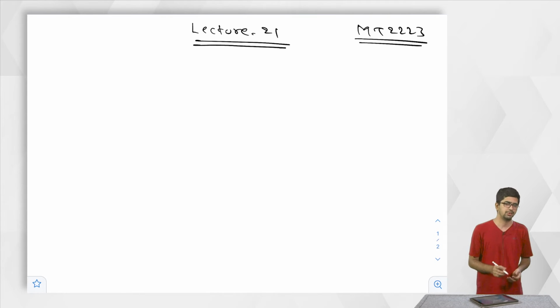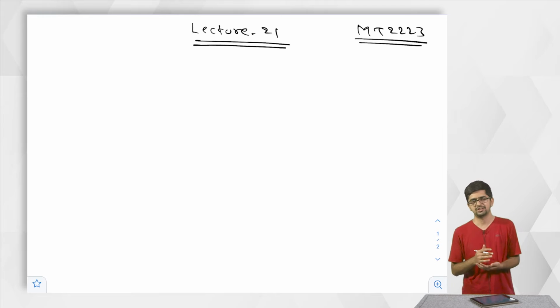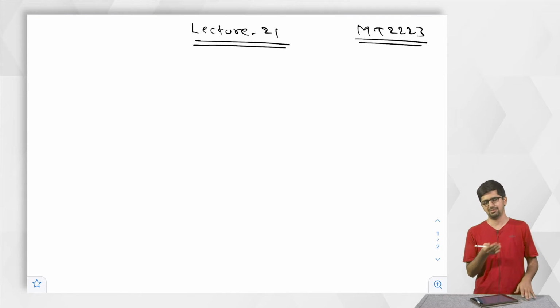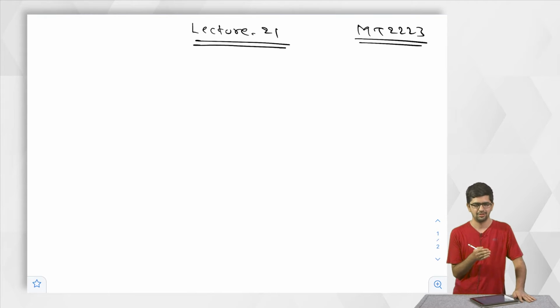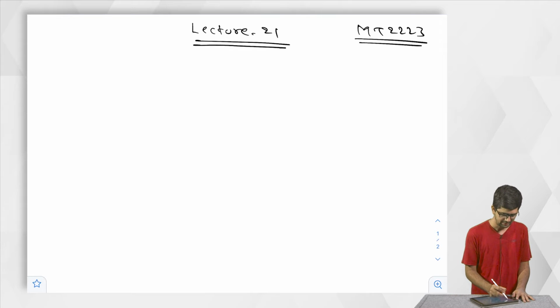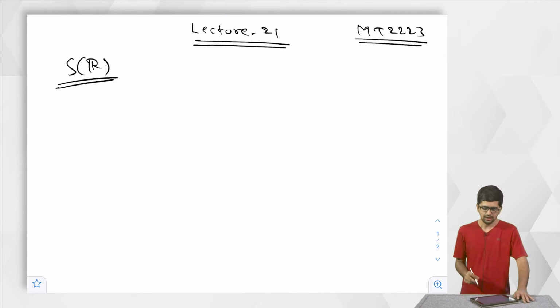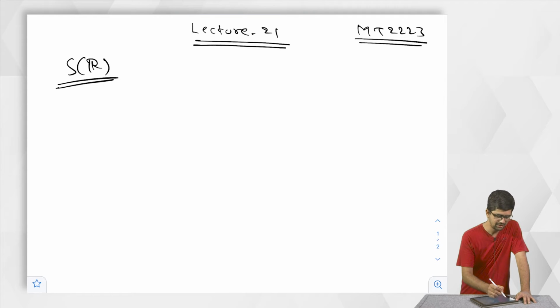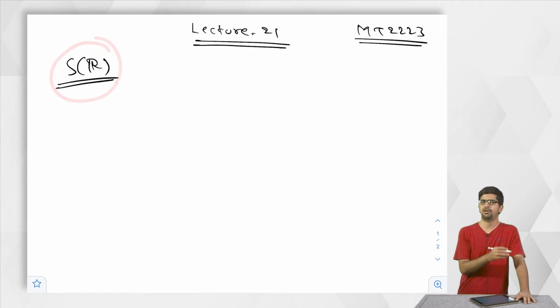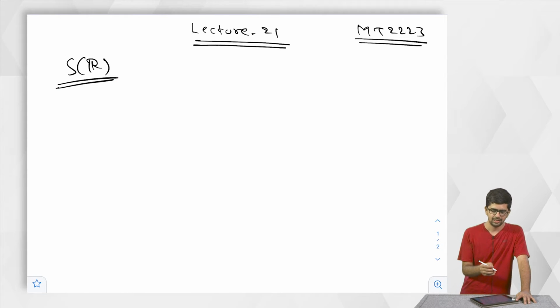Okay, so till now what we have done is the notion of differentiability in the last few lectures. Before that we have seen the notion of continuity. Before that we have seen the notion of sequence in R. So SR is a notation for the set of all sequences in R. Then we have said that in this collection, some are special.